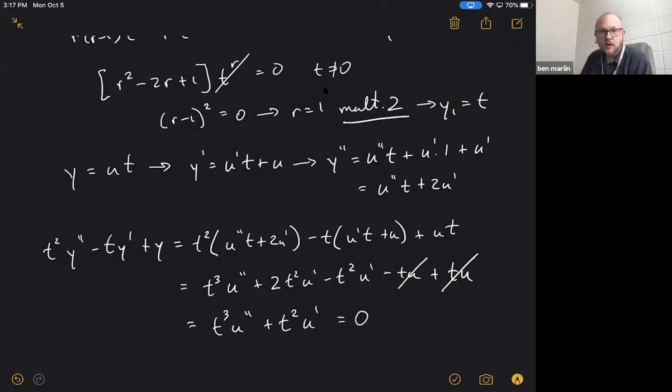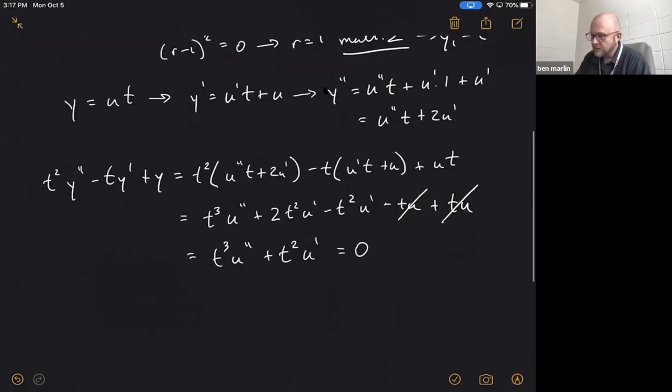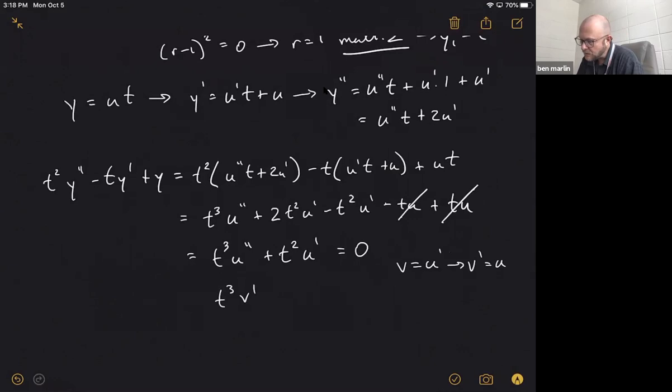Now we're having to set this all equal to 0. Okay, so if you set your v to be u prime, then our v prime is u double prime, and we have t cubed v prime plus t squared v equals 0.